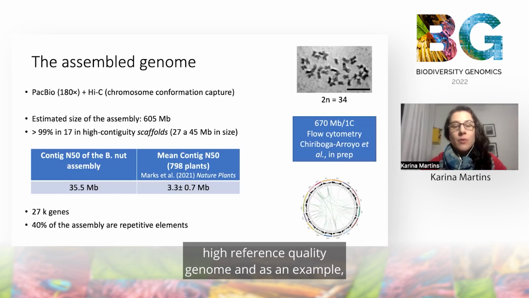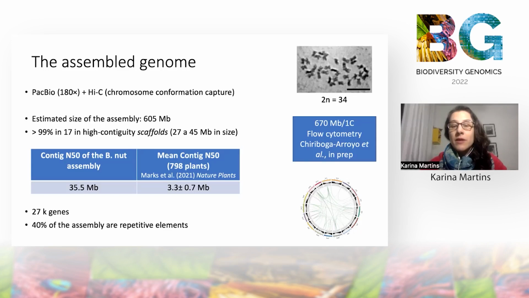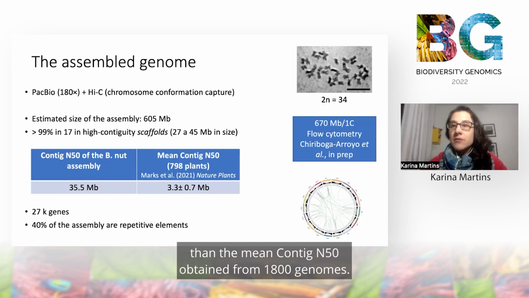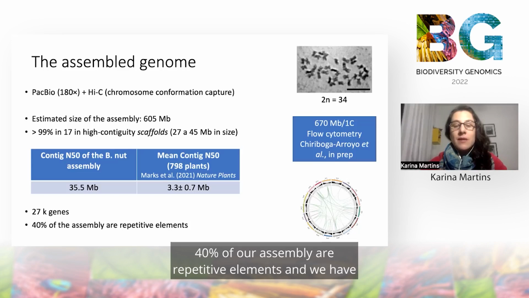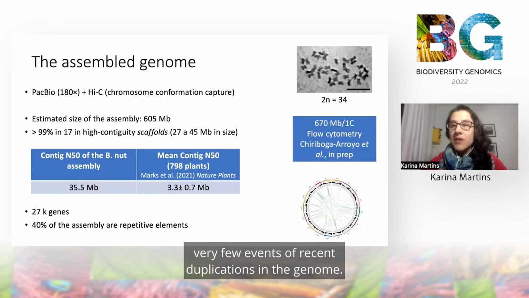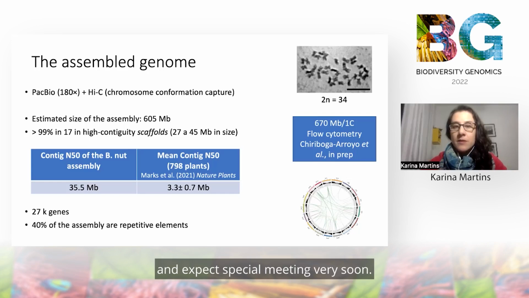As an example, the contig N50 of our assembly was 10 times greater than the mean contig N50 obtained from 800 genomes. 40% of our assembly is repetitive elements, and we have very few events of recent duplications in the genome. We are just finishing writing this manuscript and expect to submit very soon.